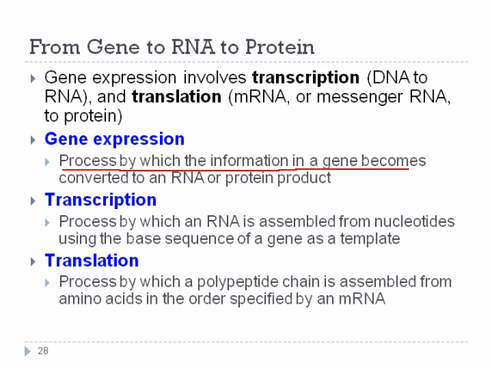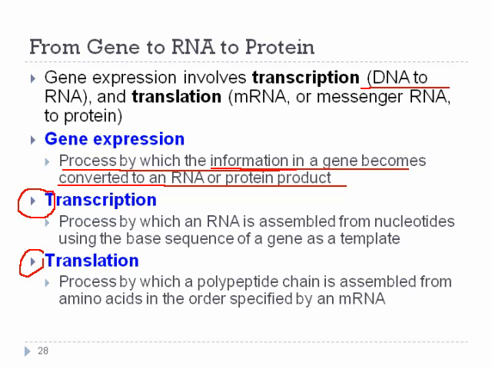So gene expression is the process by which the information in the gene, the order of the nucleotide, becomes converted into an RNA or a protein product. And that takes two steps. The first step is transcription, and the second step is translation.